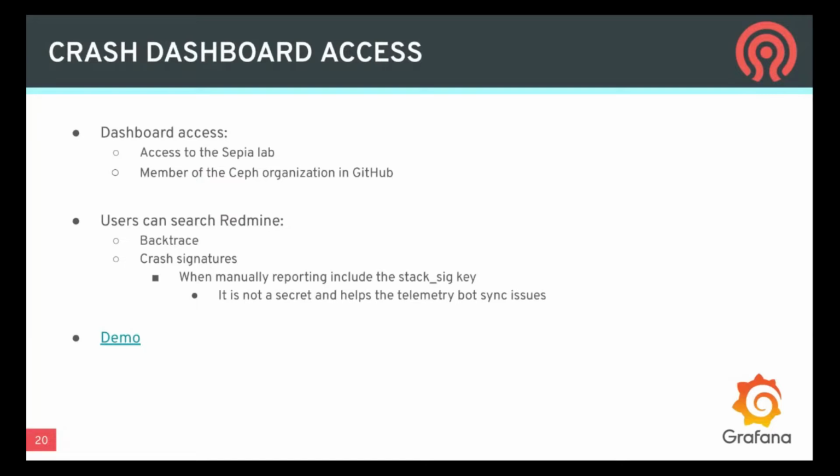And I just want to emphasize here, if you manually create a Redmine tracker and you add the crash dump there, please do not remove the stack sig key. It is not a secret, and it really helps the crashbot to sync similar issues that we received through telemetry.